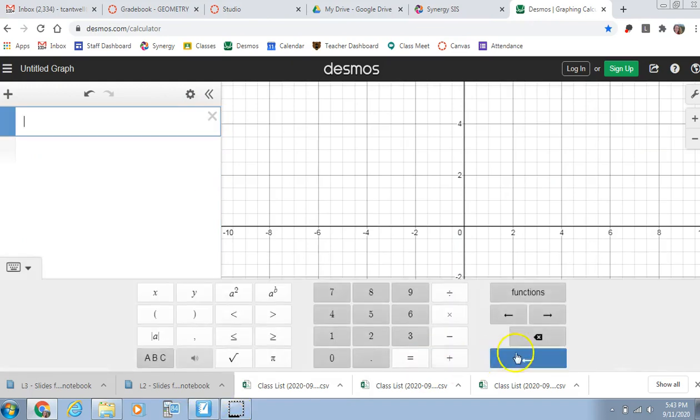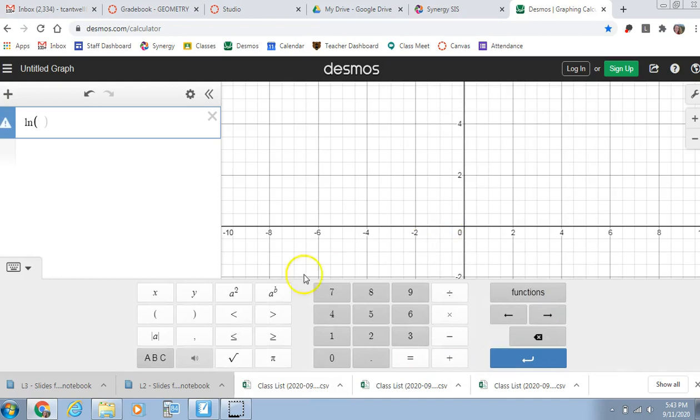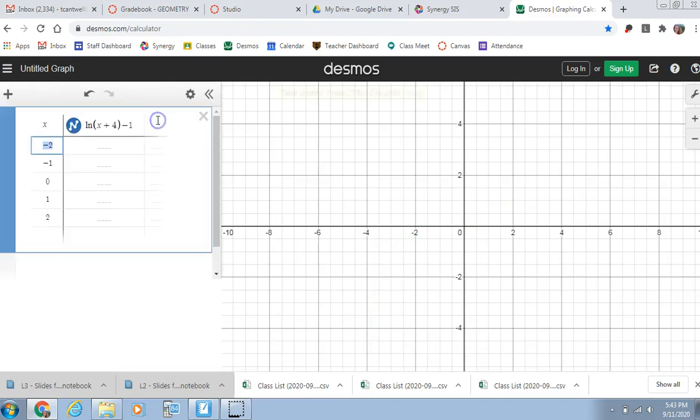In Desmos, we would go to our functions, go to the ln, or natural log, x plus 4 minus 1. And we can see that that matches with our key point of -3, -1. It's there. We can get our table of values.